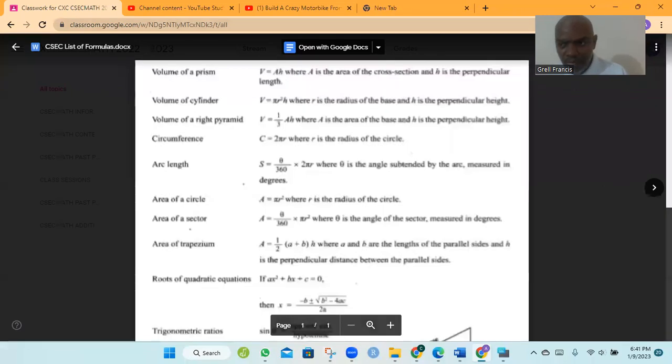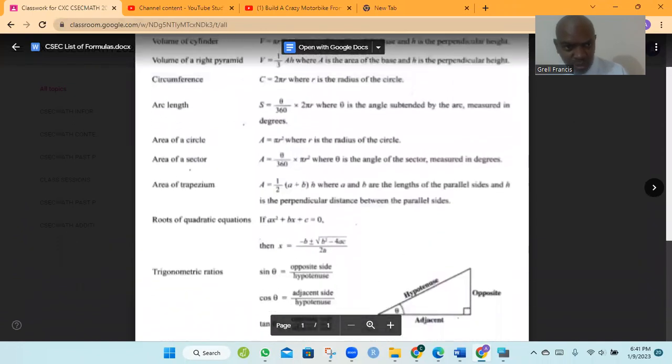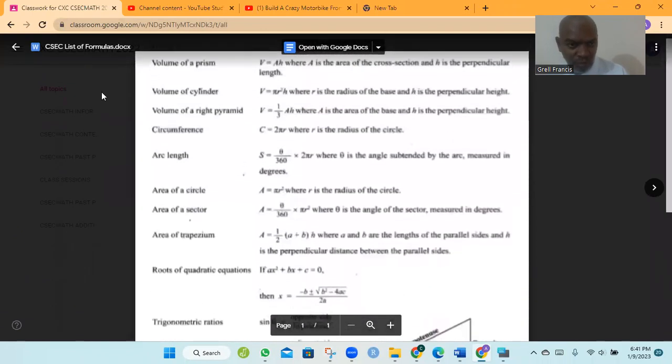Here they are. And as you can see, it begins with the volume of a prism, volume of cylinder, volume of pyramid, circumference of circle, arc length of circle, area of sector, area of trapezium. All of this is geometry.